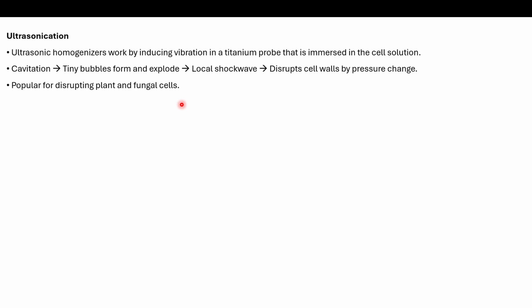Then suppose 25 to 30 seconds off time will be there, when those sound vibrations won't be there. Such on off cycles are given, like suppose 3 seconds on time and 15 seconds off time.